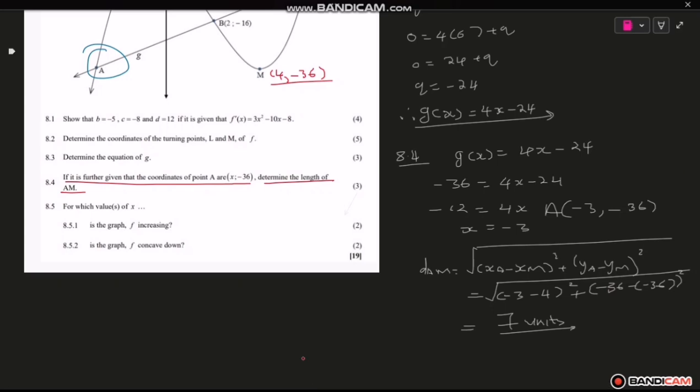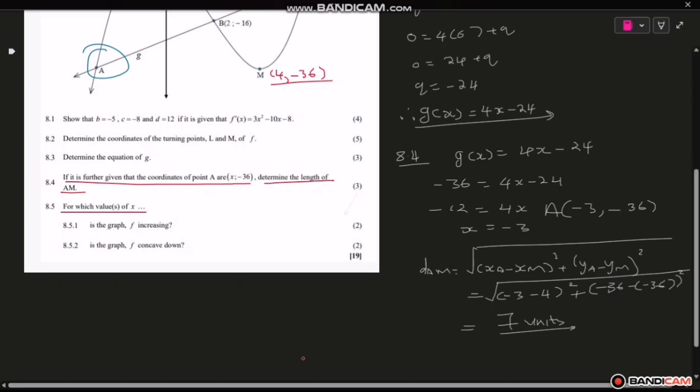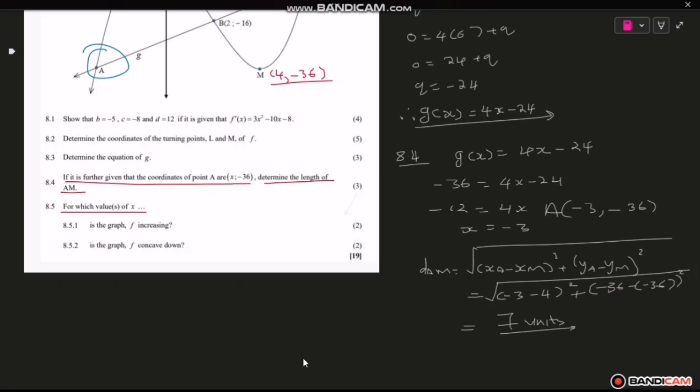And here they're asking for which values of x the graph of f is increasing and the graph of f is concave up. If you watched the first video where we were explaining the sketching part, we touched on increasing and concave down as well as decreasing.